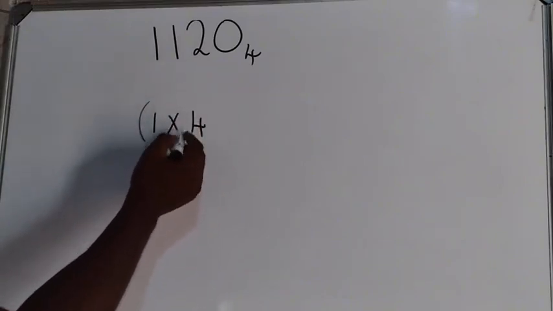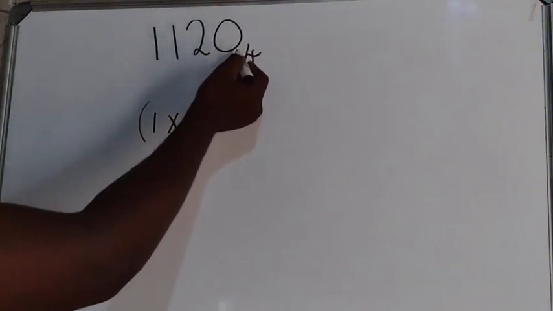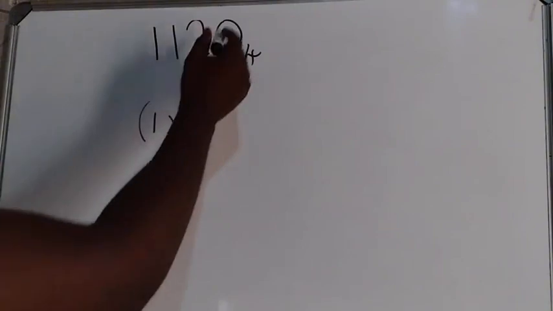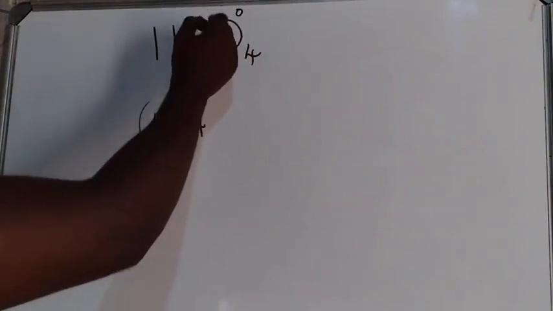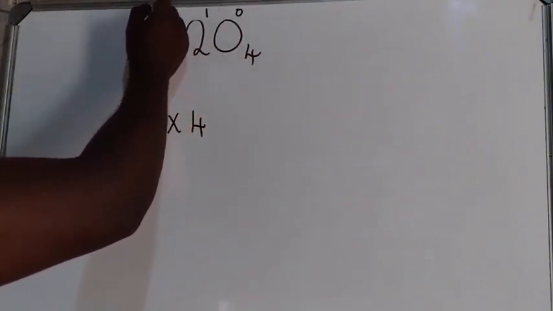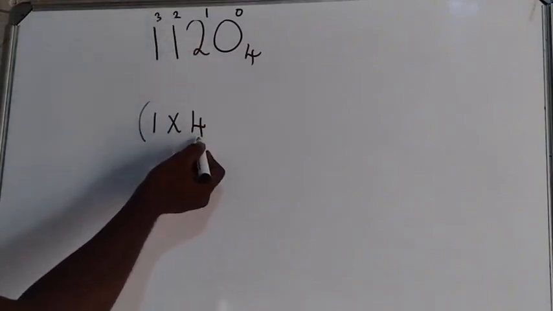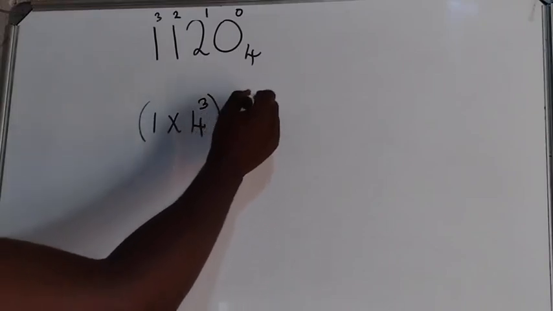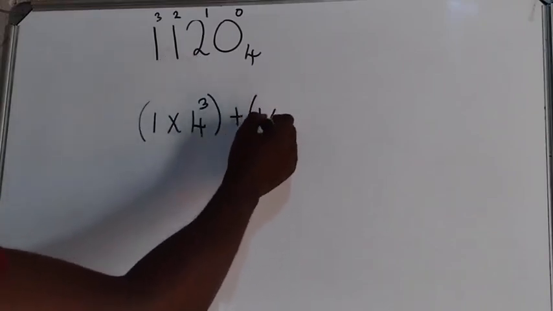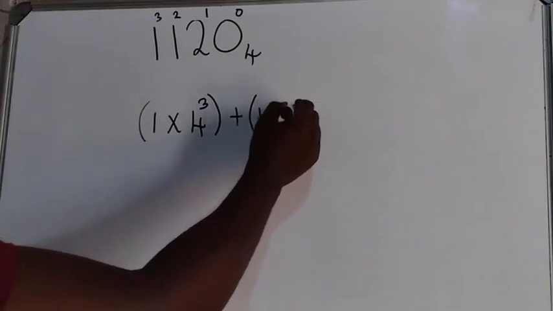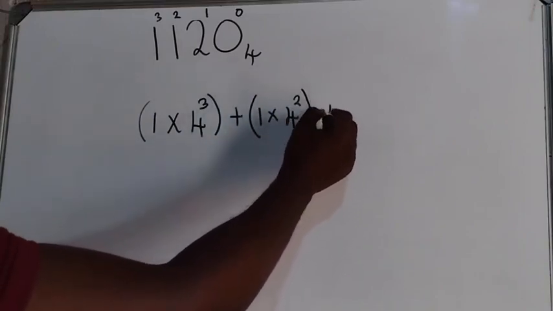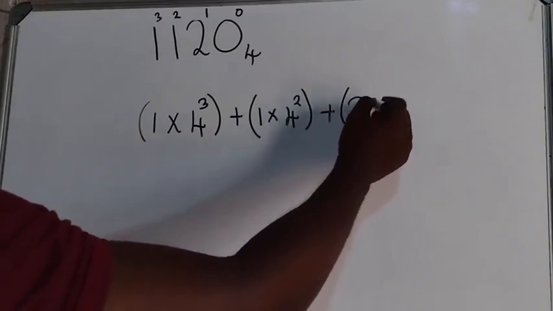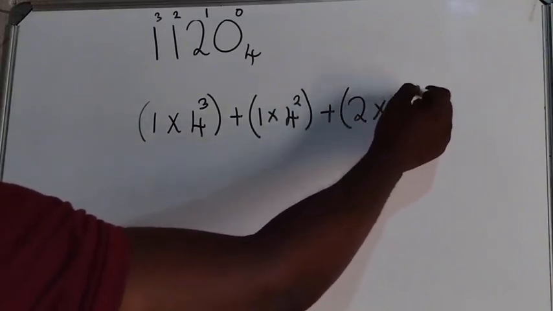So how do you put a power? You start from here. If this is 0, the powers will be increasing as we go to the left. So here it will start from 0, 1, 2, 3. So this 4 is going to be raised to the power of 3, plus this 1 times 4 raised to the power of 2, plus that 2 times 4 raised to the power of 1.